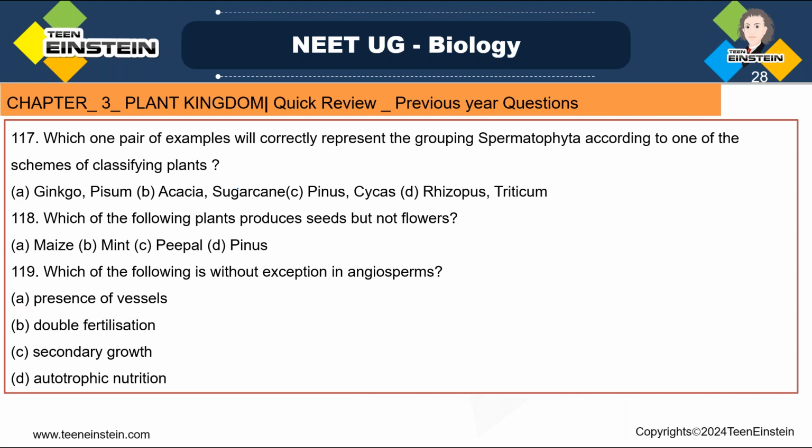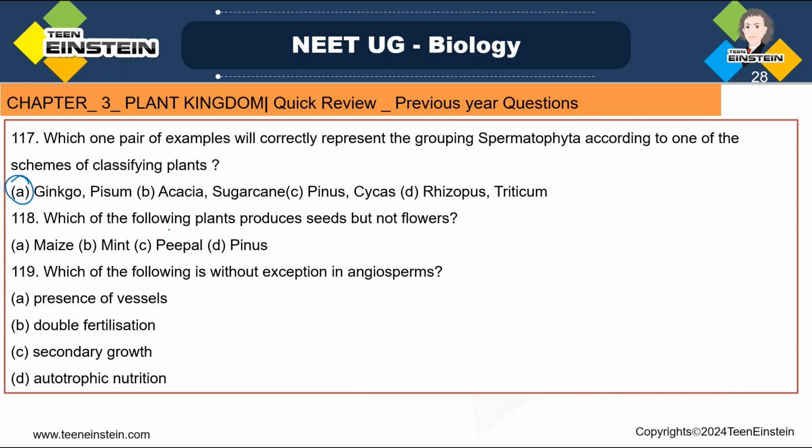Both are seed plants, but gymnosperms have naked seeds and angiosperms have covered seeds. So Ginkgo belongs to gymnosperms, and Pisum belongs to angiosperms. Here the answer is A.